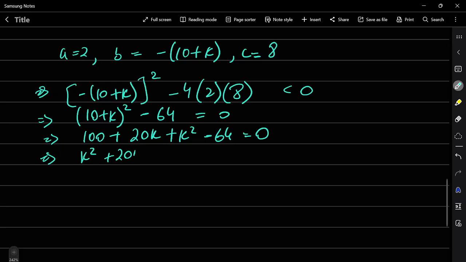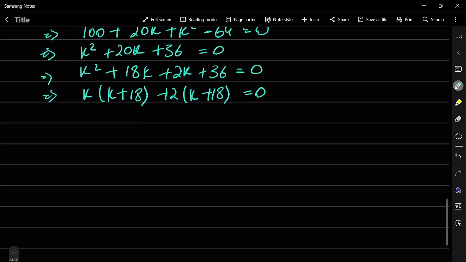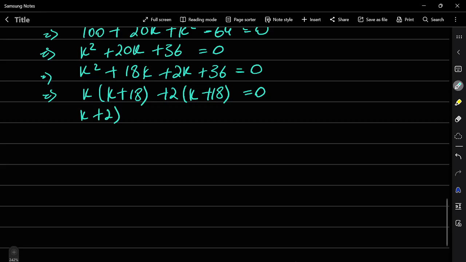k squared plus 20k plus 36 equals 0. To factorize this, I'm going to get 18 and 2. So here are my factors, k plus 2, k plus 18.